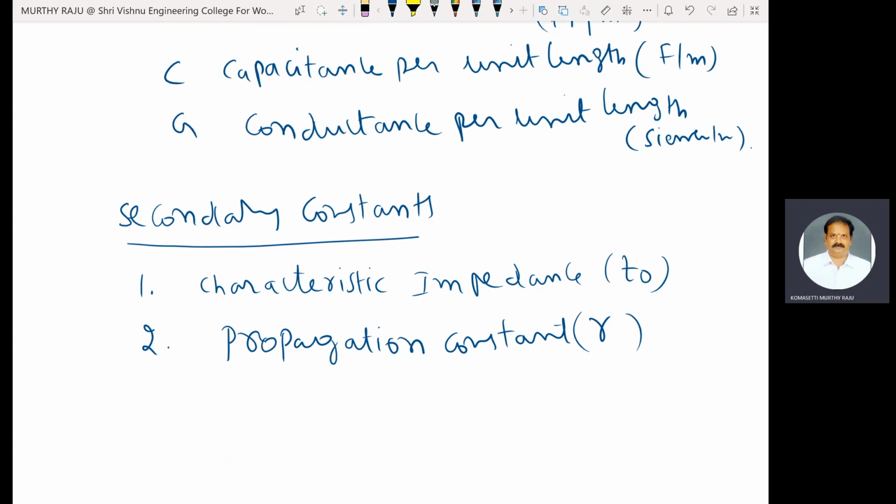These are the secondary constants of the transmission line.